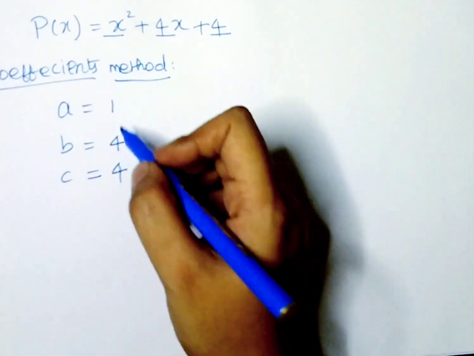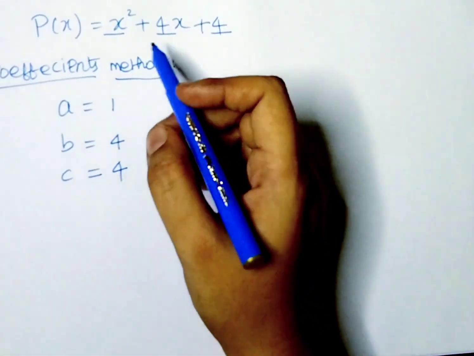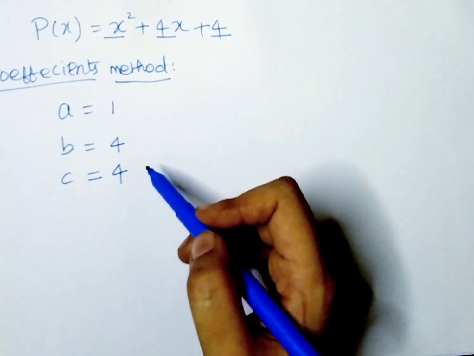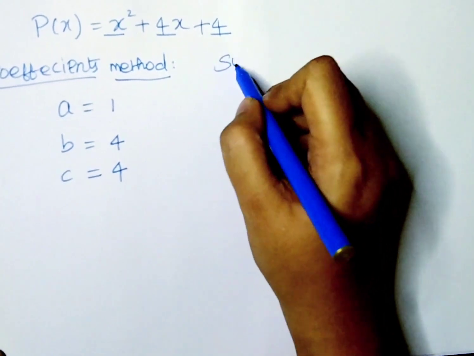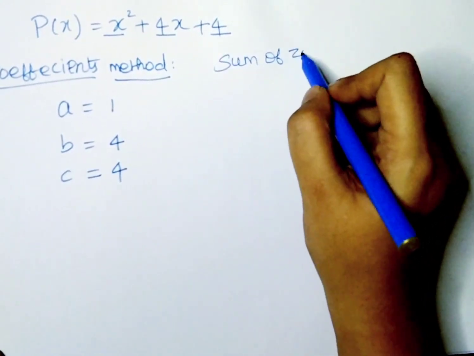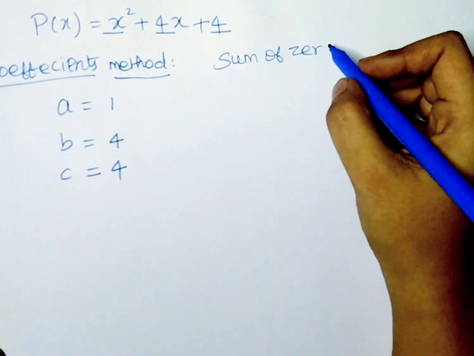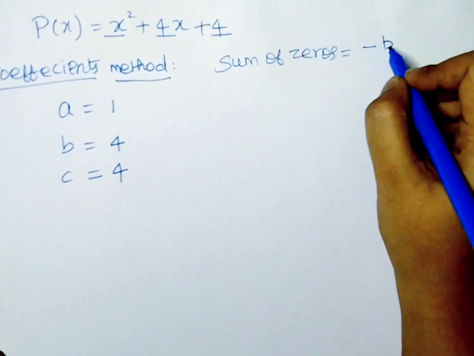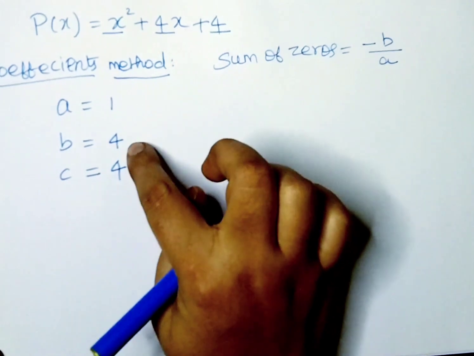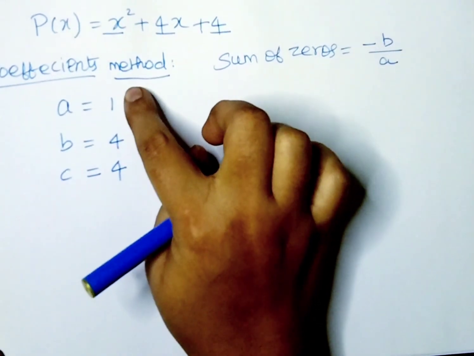Along with the plus and minus, you need to take the sign. If it is plus, we don't need to worry; if it is minus, mention that also. We mention here the sum of zeros and product of zeros, for which you have the formula. Sum of zeros is minus b by a, that is minus coefficient of x by coefficient of x square.